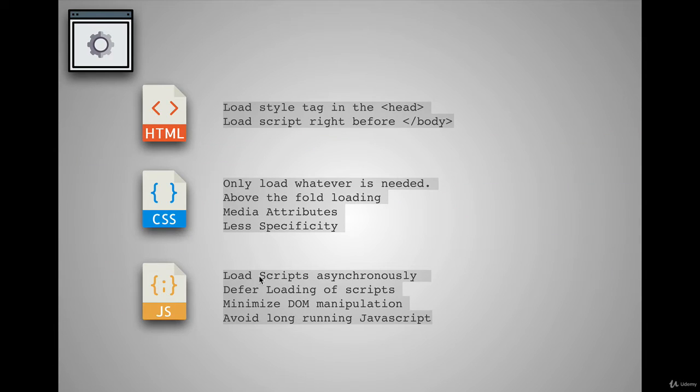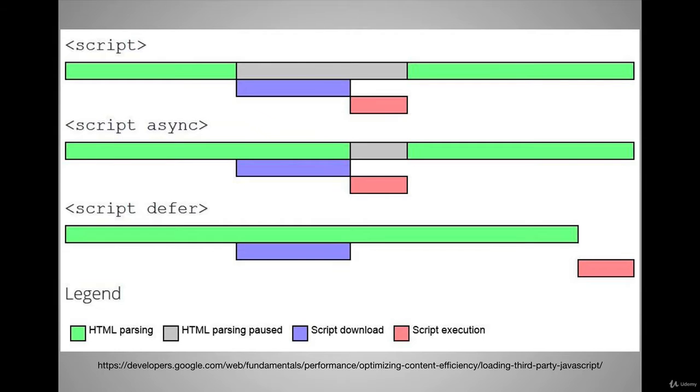Let's start with the first one, loading scripts asynchronously. To help with that, I have a nice little diagram for us. You may have seen the most common way of having script tags, which is just script. When the HTML starts reading, which means parsing the file, it's going to encounter a script tag.